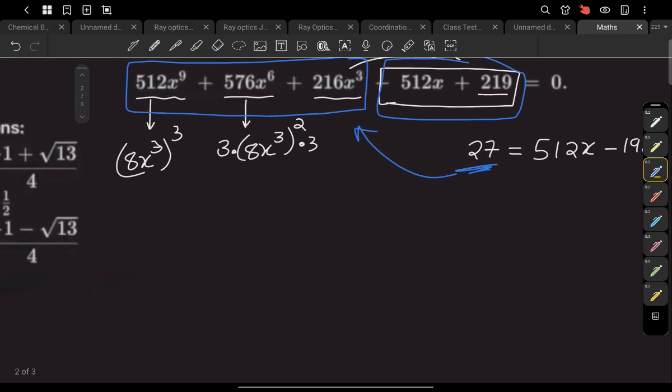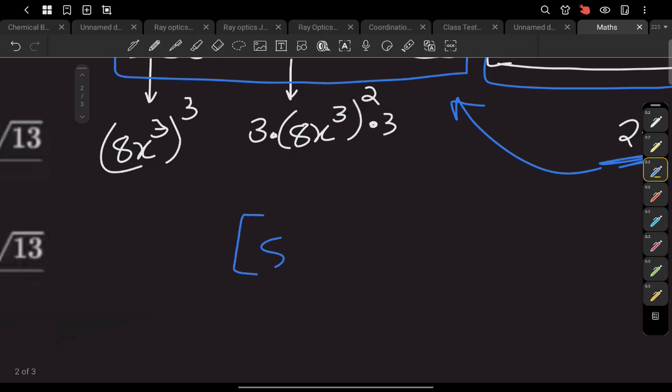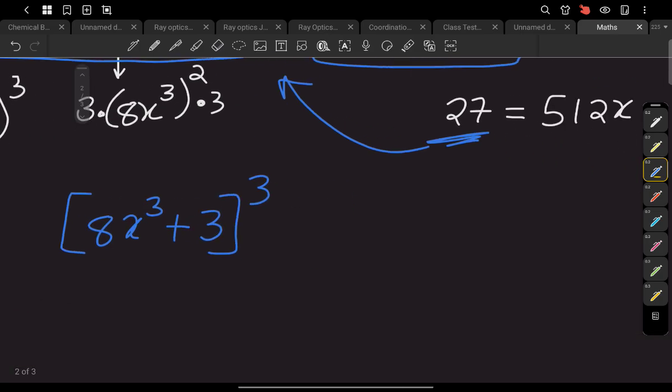So the main agenda or main thinking to release this 27 aside in LHS was that we will get a simple equation, that is (8x³ + 3) whole to the power 3, which will be equal to 512x minus 192. So this was the first part of the question, and there is a second part too, which we will come to shortly.